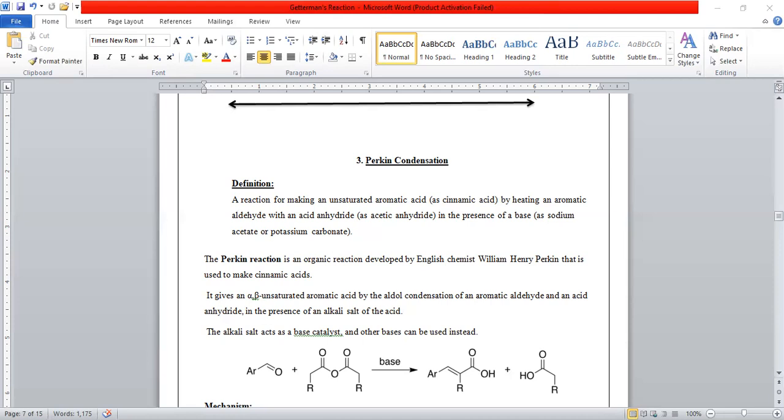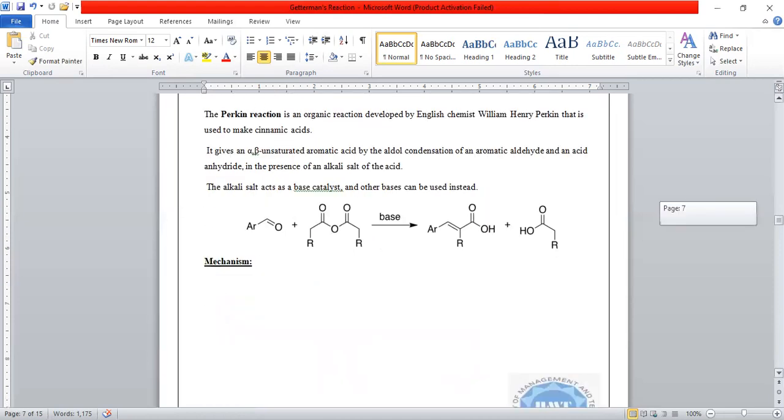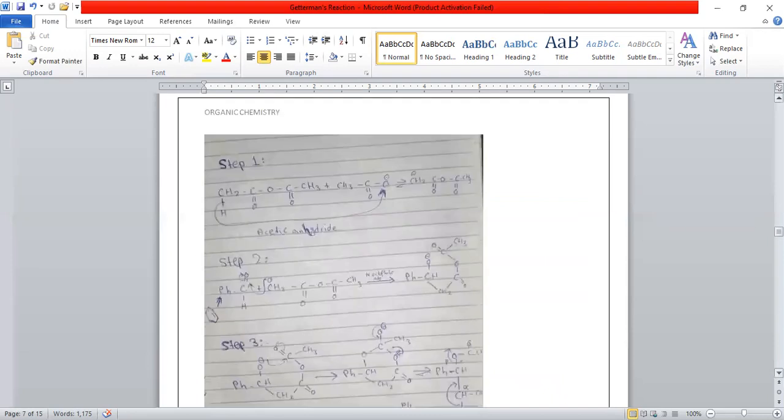Now, if we talk about its mechanism, it consists of three steps. In step one, acetic anhydride and sodium acetate, which is a base, react. Acetic anhydride is a weak acid.